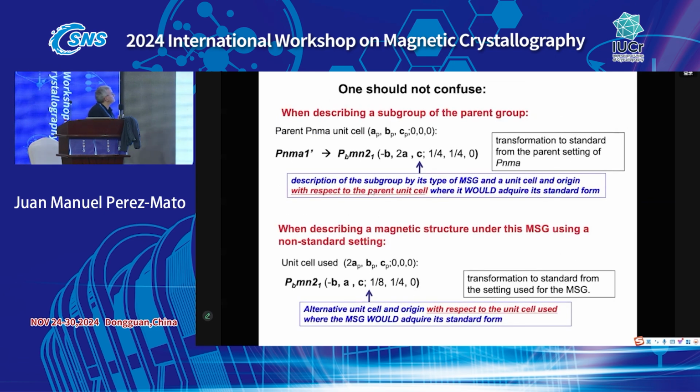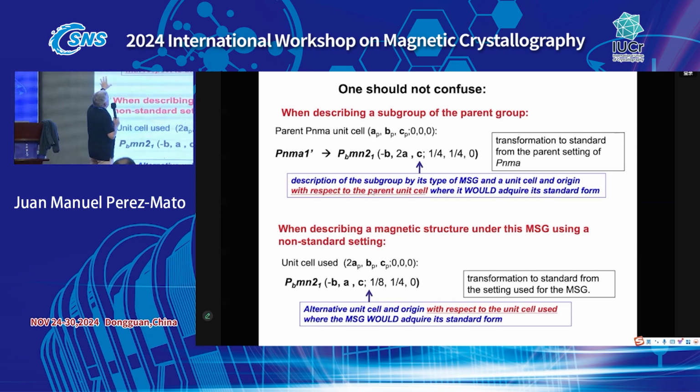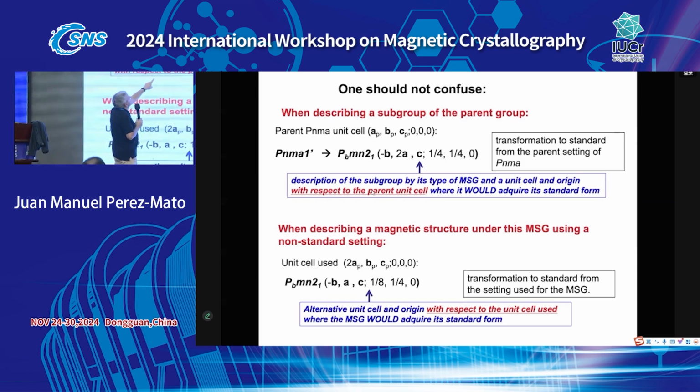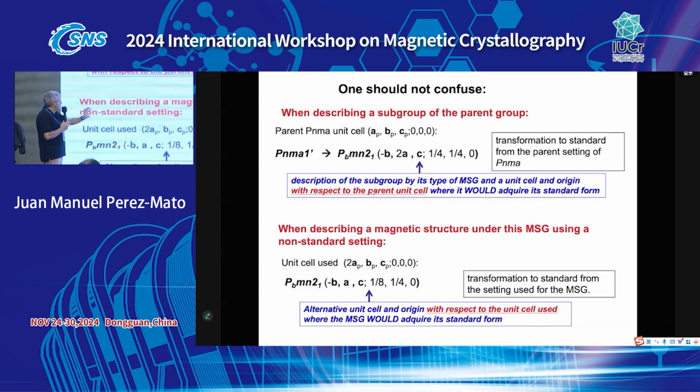So here again, the difference: one thing is describing a group-subgroup relation between the gray group that describes the symmetry of your paramagnetic structure and the magnetic group that describes the symmetry of your magnetic structure, and the transformation requires this doubling of the unit cell. It is the same thing when you see it in the magnetic CIF file that you are going to construct for this particular structure.